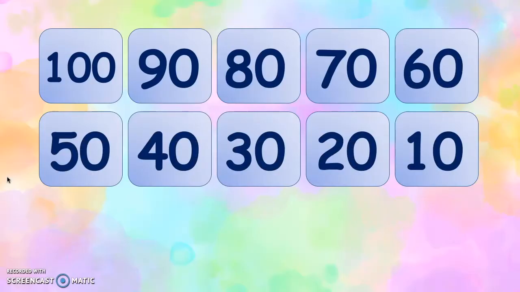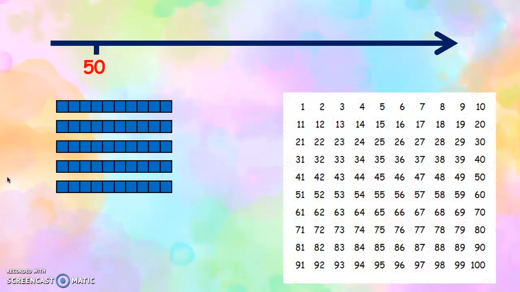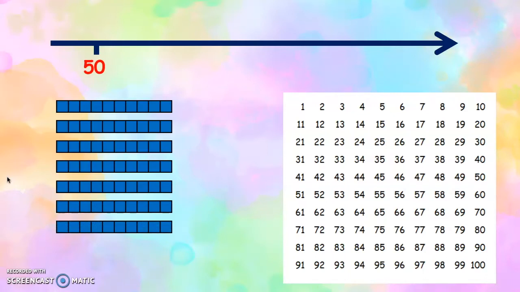Perfect. Now, when we're adding and subtracting multiples of 10 today, I'm going to show you 4 different strategies. One of the strategies is going to be using your 10 sticks. See how we're adding 10 sticks on there? We could also take them away. The other thing we can do is use our 100 or our 120 chart, depending on which one you have.